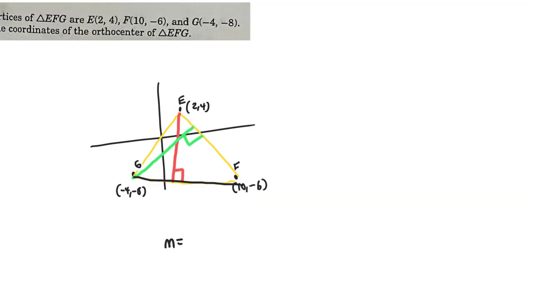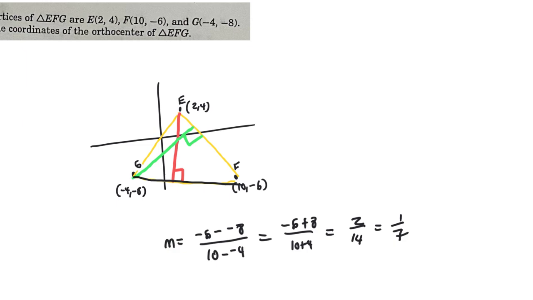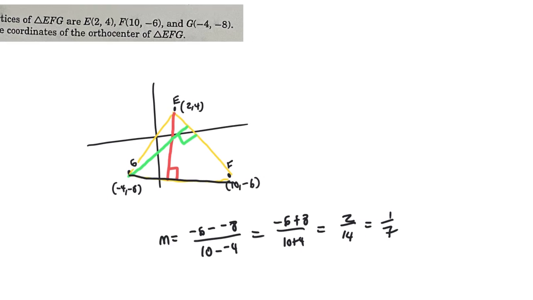The slope of the black line is -6 minus -8 all over 10 minus -4. And that is -6 plus 8 over 10 plus 4. And that is 2 over 14, aka 1/7. So the slope of the red altitude is -7 over 1, also known as -7.